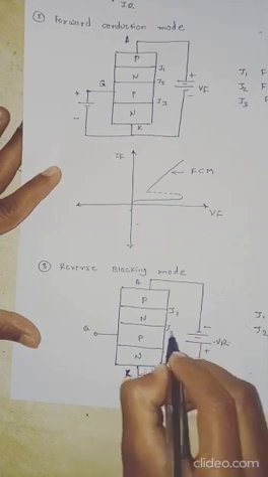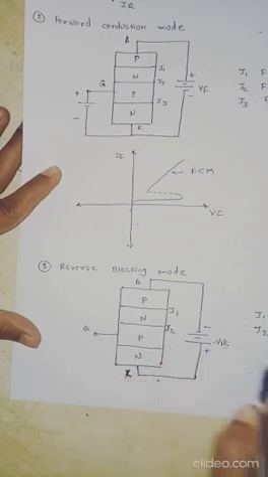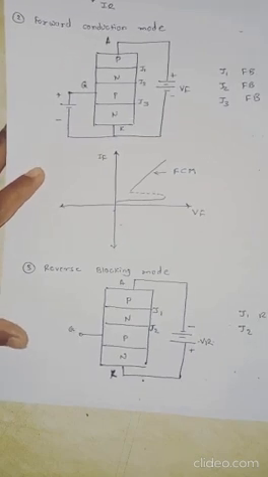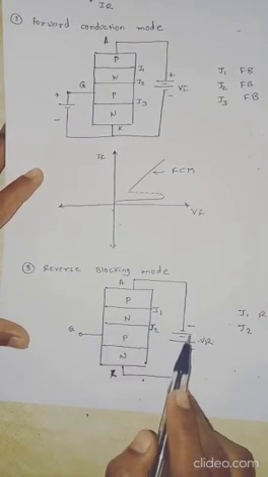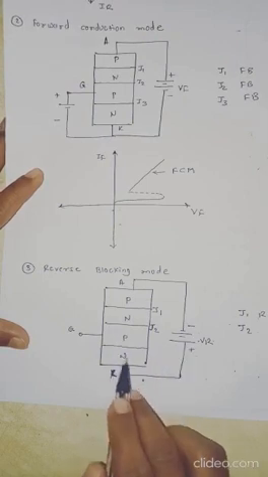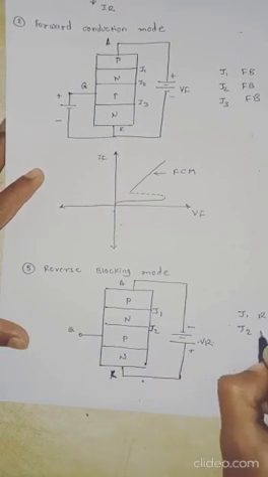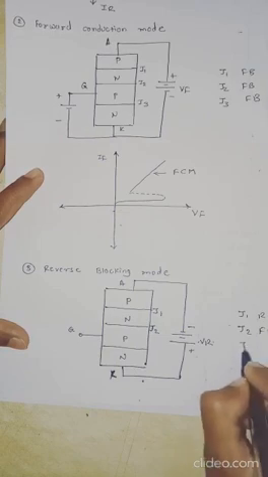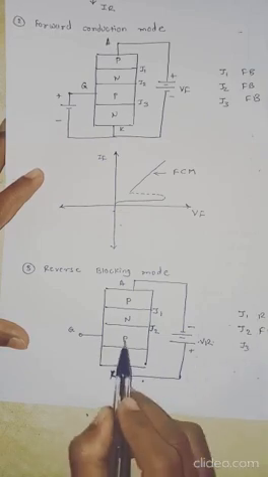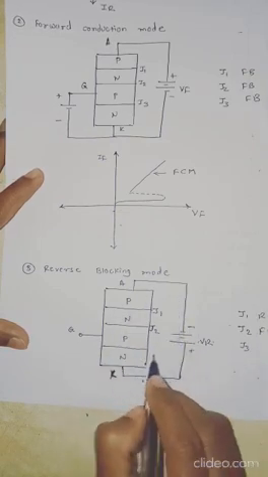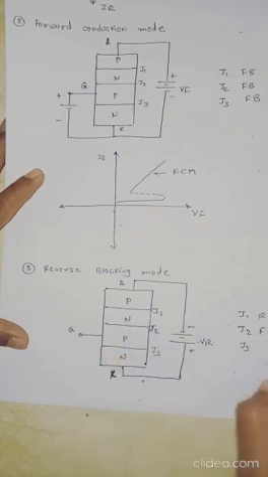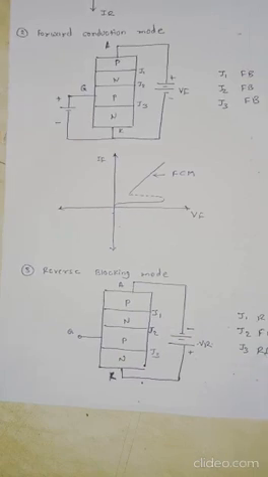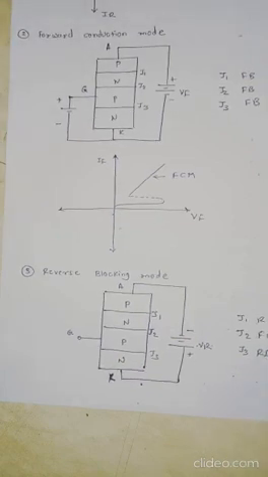Junction J2 will be in forward bias. That is, N region is connected to negative and P region is connected to positive. And junction J3 is in reverse bias. That is, P region is connected to negative and N region is connected to positive terminal of the voltage source.